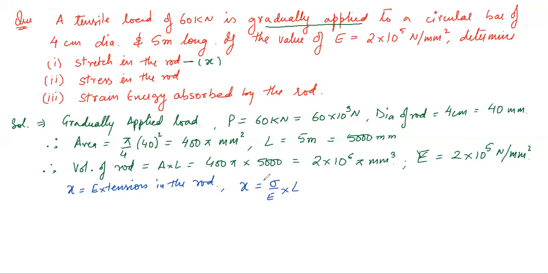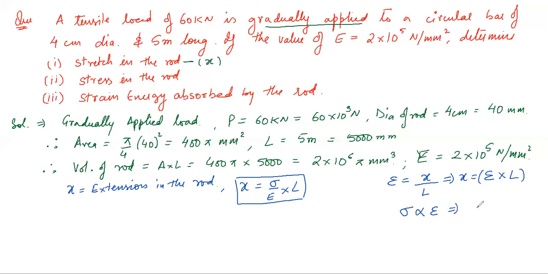Now, from where does this equation come? Let's see. We know that the strain is defined as change in length X upon original length. So the value of X is epsilon into L. And we all know that up to elastic limit, stress is directly proportional to strain.